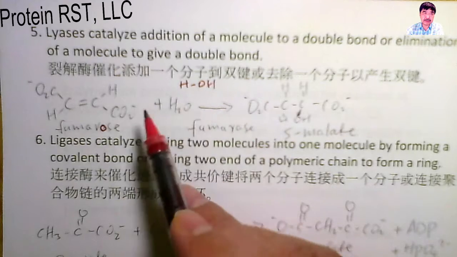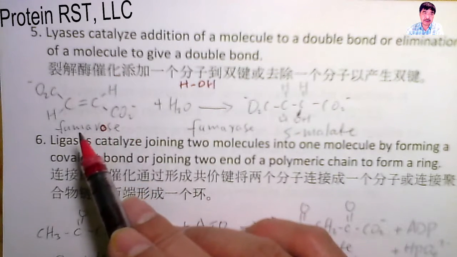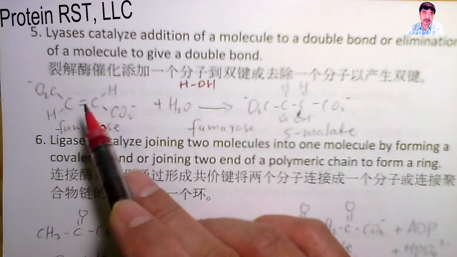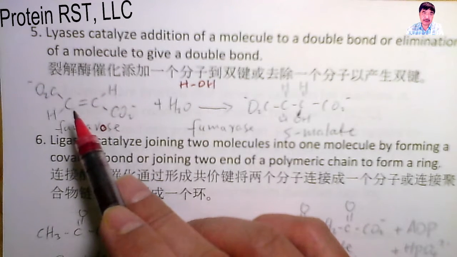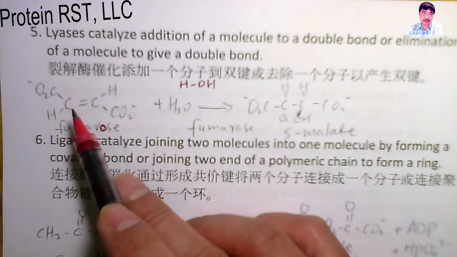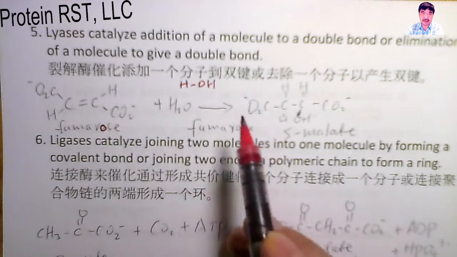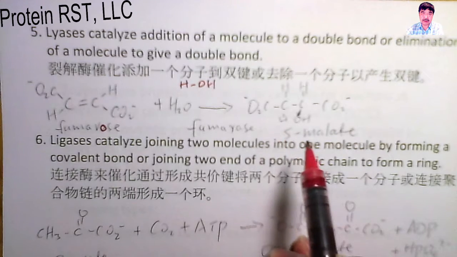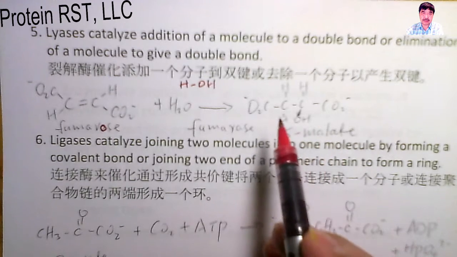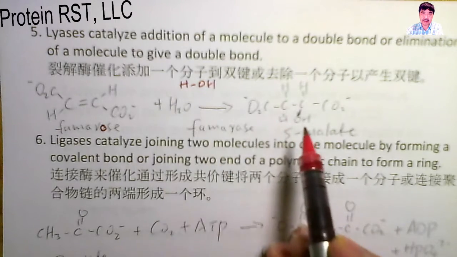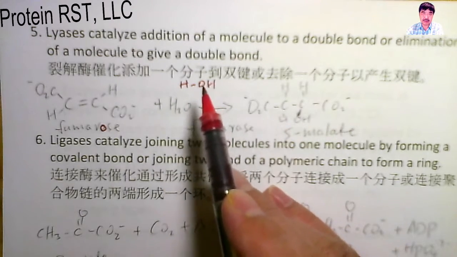These two groups are added to this fumarate. One double bond breaks, and one hydrogen is added on this carbon. The hydroxyl group is added on this carbon, then they become isomers. You see this hydrogen is this hydrogen. The hydroxyl group is this hydroxyl group here.